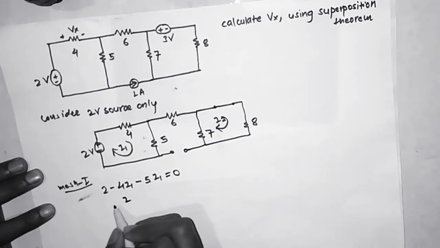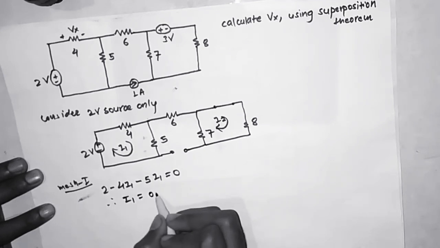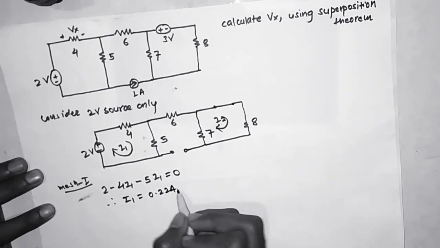On solving, we get the value of I1. Therefore I1 equals 0.22 ampere.